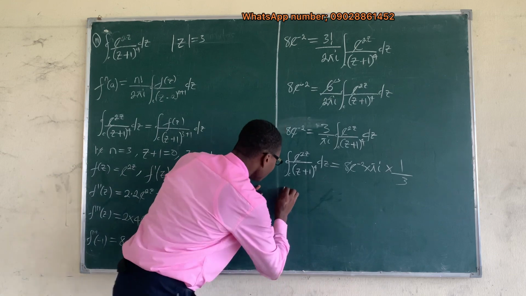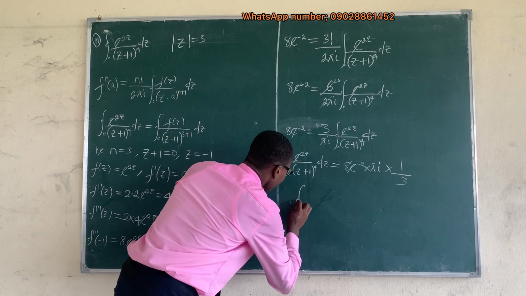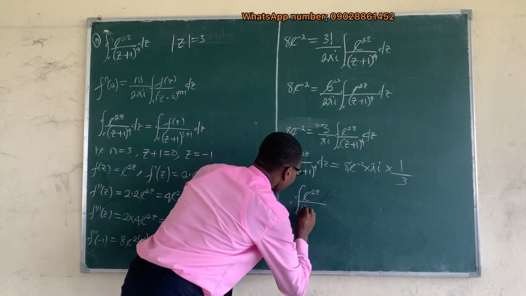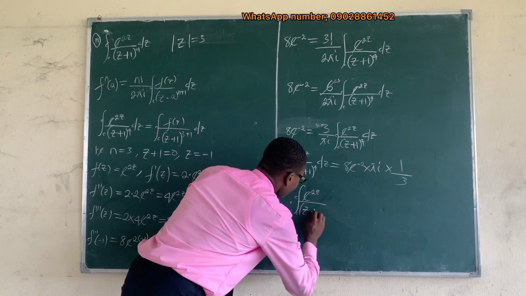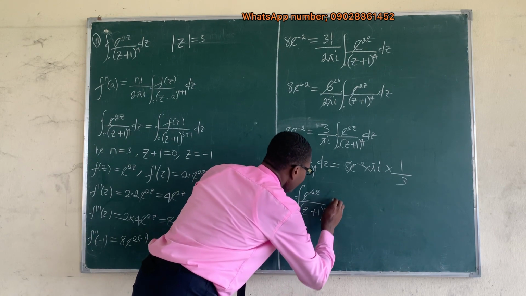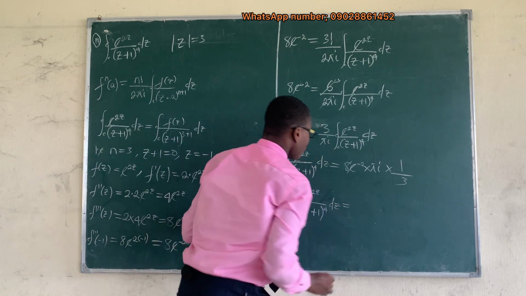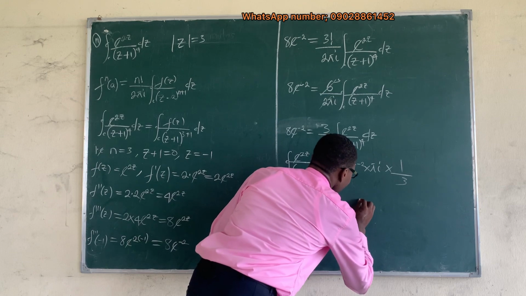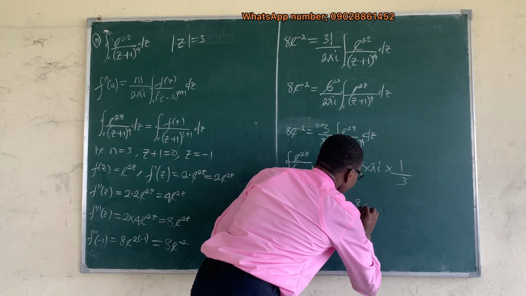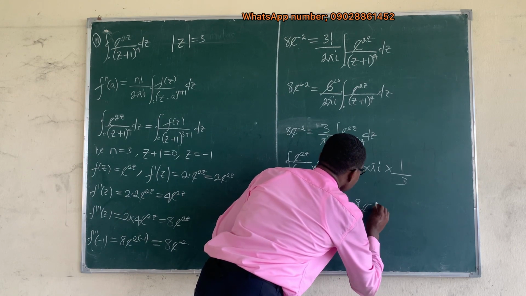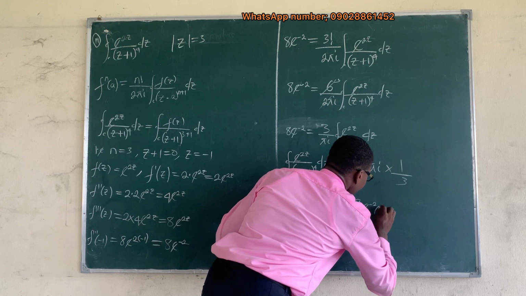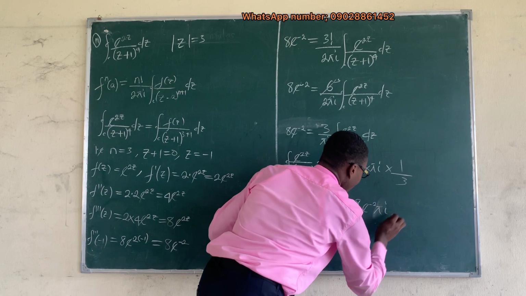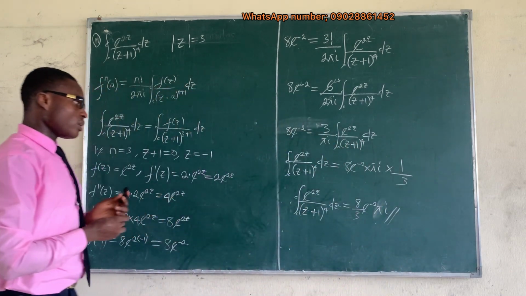So therefore, the integral of c exponential 2z over z plus 1 to the power of 4 dz is equal to 8 over 3 exponential minus 2 pi I. So that is what we have.